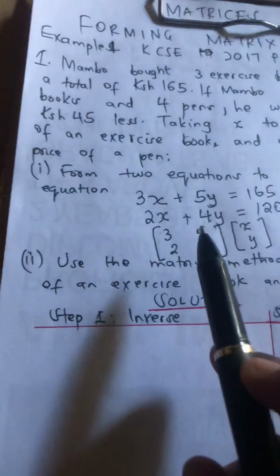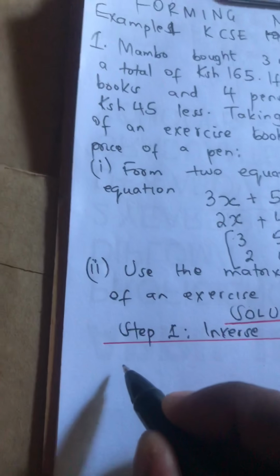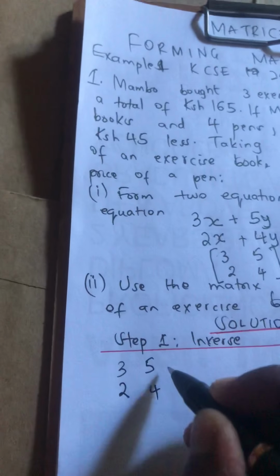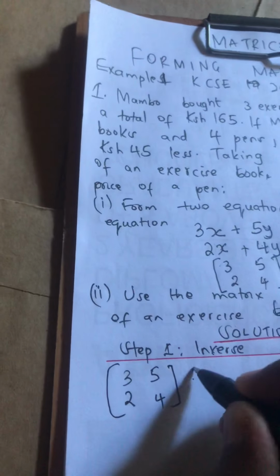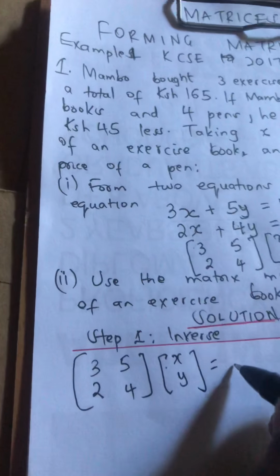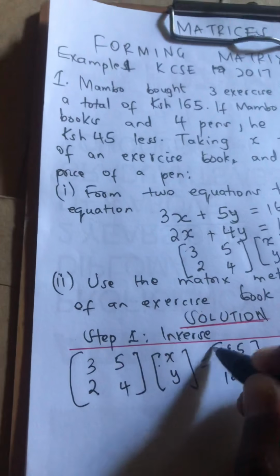So the first thing we do is write our matrix equation, which is the matrix 3 2 5 4 times xy is equal to 165 120.